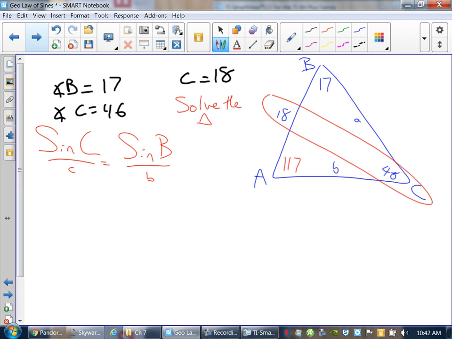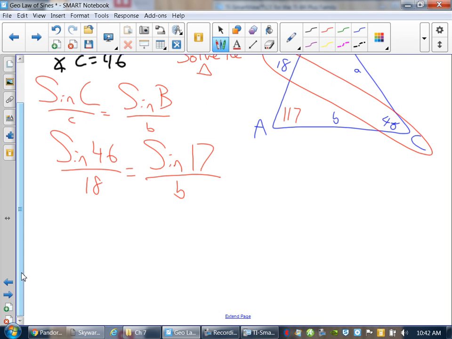So now you know this is the setup you're going to use. Fill in the blanks. So we have the sine of 46 is to 18, as the sine of 17 is to little b. Are we okay with me on that? Cross multiply and rewrite.